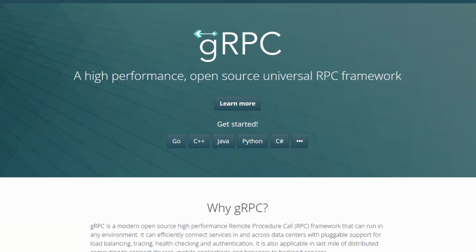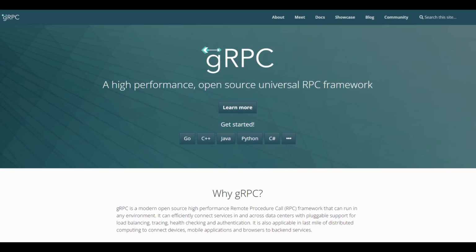But there are also weaknesses. One weakness that I want to highlight in this video is the lack of standardization. The two systems that want to communicate in RPC have to agree on what encoding algorithm and what transport protocol they want to use. I think this is an issue that Google wanted to address by creating gRPC, the RPC framework.